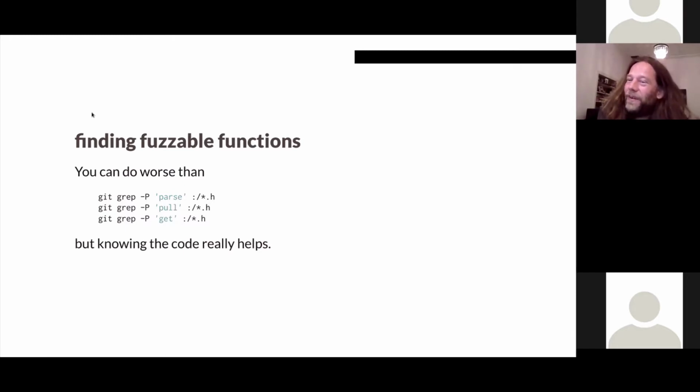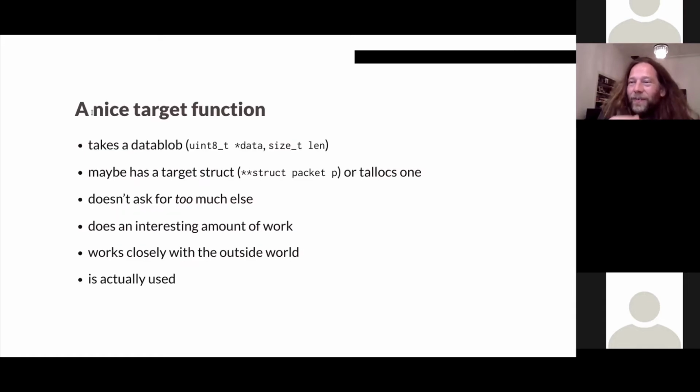But if you don't, you can just grep for things that sound like they're getting something. And you can grep for strings like parse and pull and get and look for things that take a uint8 pointer and a length. And if you find something like that, you don't even need to know much about what it does, you can just chuck it in a fuzzer.